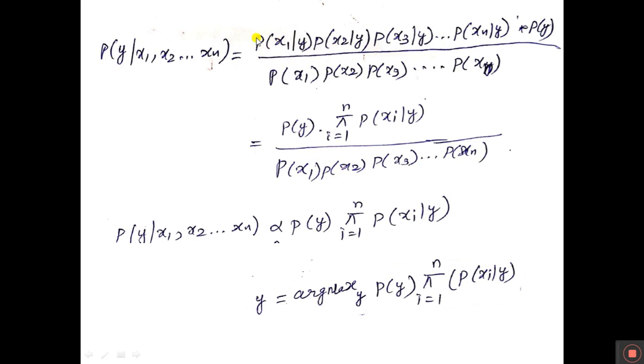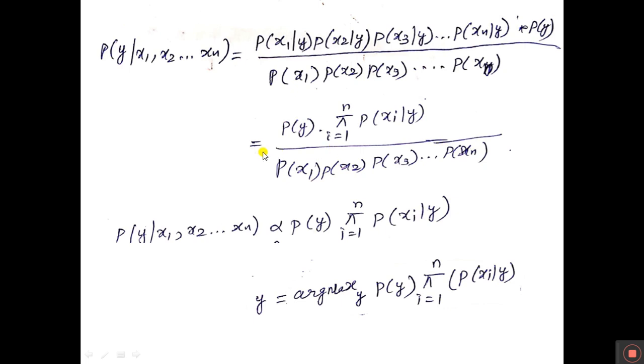Here all the terms are in multiplication format. So I am going to write this in product format, that is the product with i equal to 1 to n, because the x values start from 1, 2, 3 up to n. So the multiplication I can write as i equal to 1 to n of probability of xi given y, then I multiply this with the probability of y, divided by the probability of the data set: P of x1, P of x2, P of x3 and P of xn.